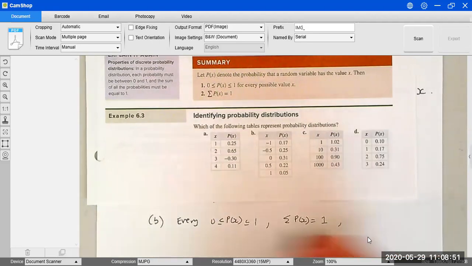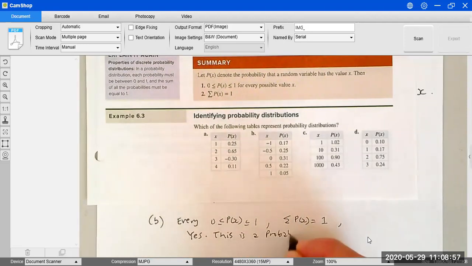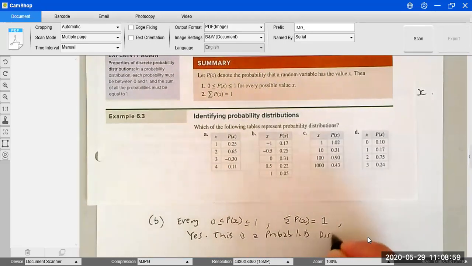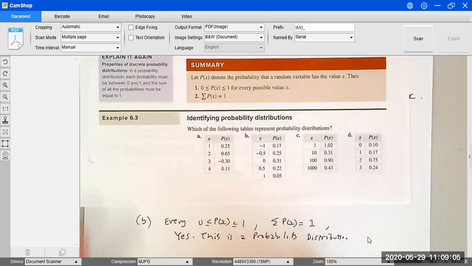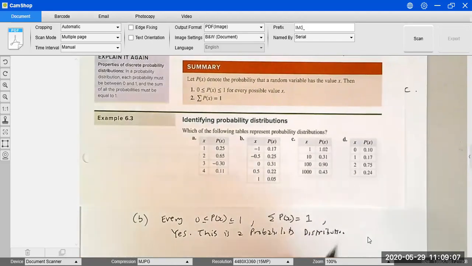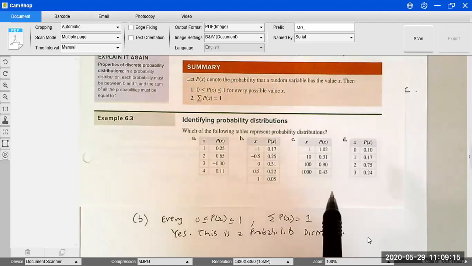So yes, this is a probability distribution. I'm taking time to explain this very clearly, because everything is going to depend on you being able to identify probability distributions, because later we're going to use these values to make decisions.